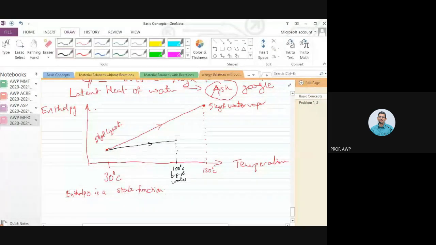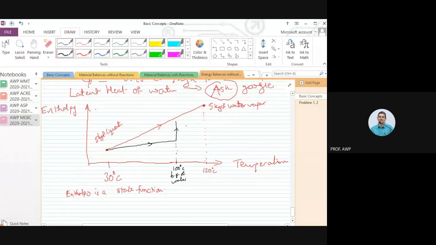Then we might want to vaporize water from liquid water to water vapor at 100 degrees centigrade, and then we might want to heat water vapor from 100 degrees centigrade to 120 degrees centigrade. So instead of the red path, we can do this in 3 steps with this black path.